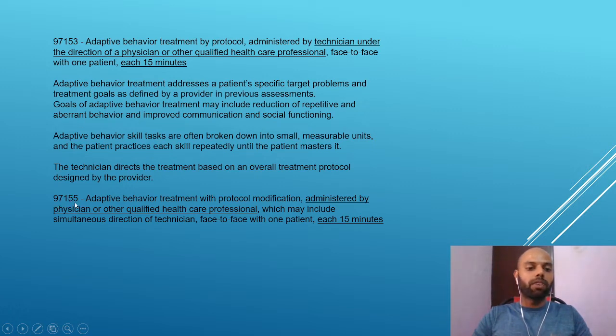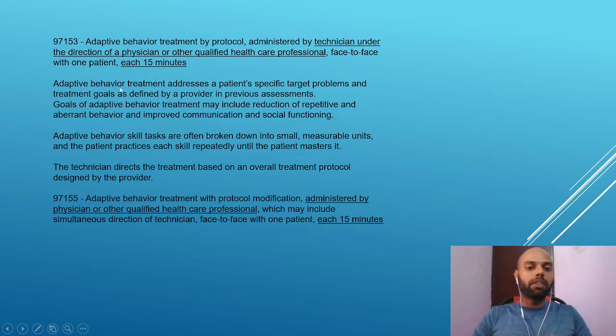Instead, 97155 is adaptive behavioral treatment with protocol modification administered by a physician or other qualified healthcare professional. That means it's the same service as 97153, but it can only be administered by a BCBA, and may include simultaneous direction of a technician, face to face with one patient. Each 15 minutes is considered as one unit.